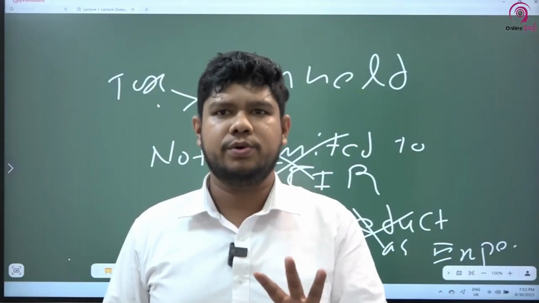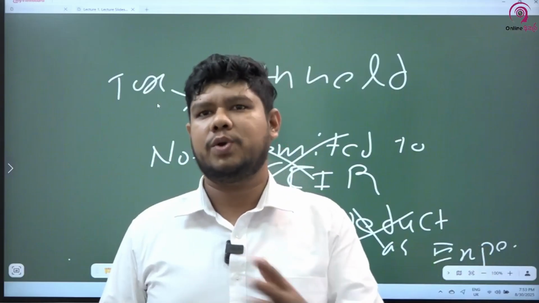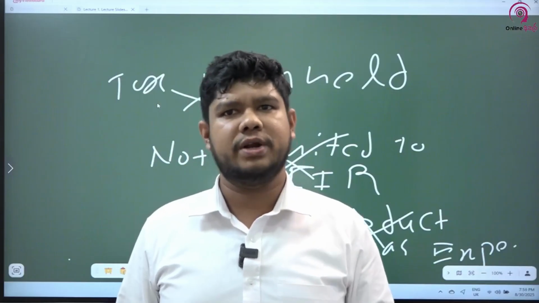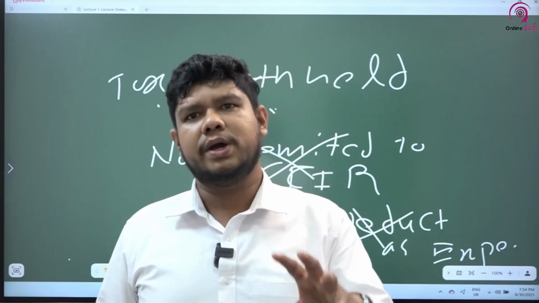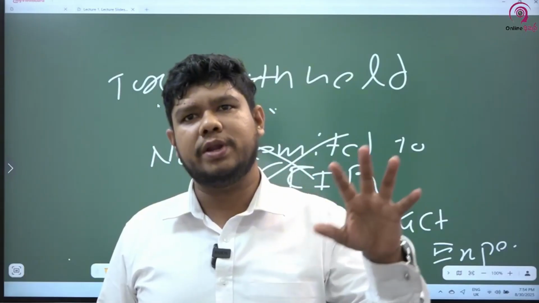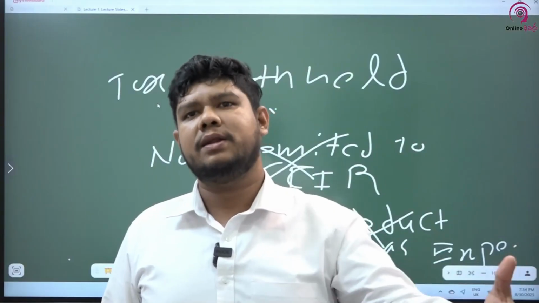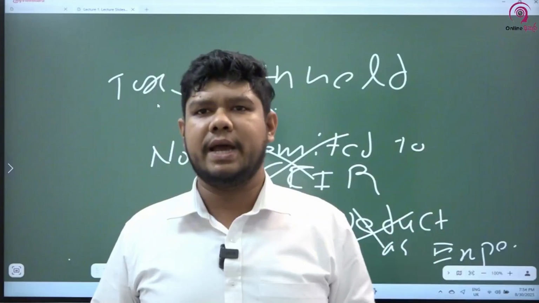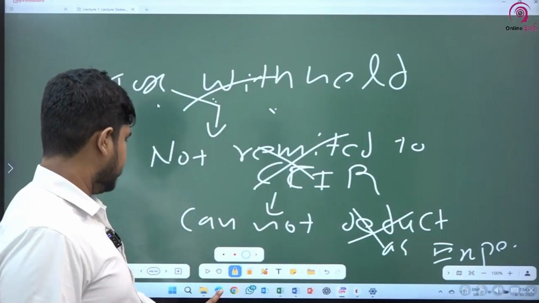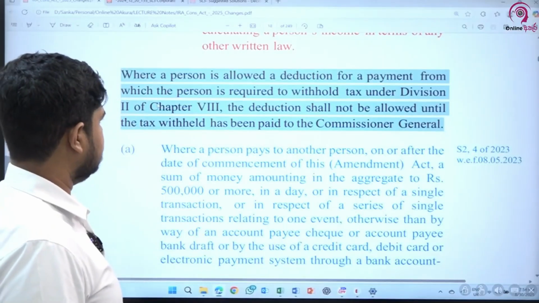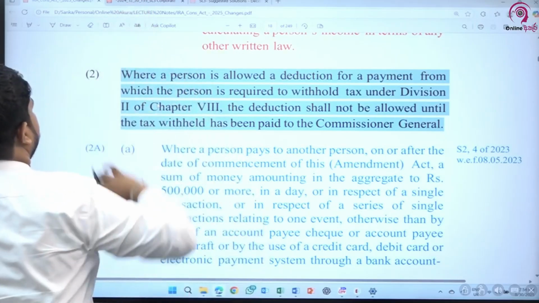Keep that view for your examination, but in practice, in your companies, you can apply different views and learn in different ways. But for your examination, to get marks, remember: if there is a payment that requires WHT deduction and you couldn't deduct WHT and pay to CGIR, then that payment cannot be deducted as an expense. So take that view. Now in our section, we will go to the next part.